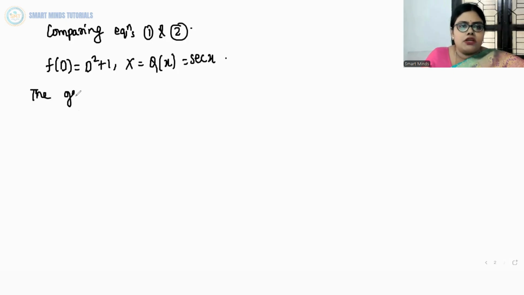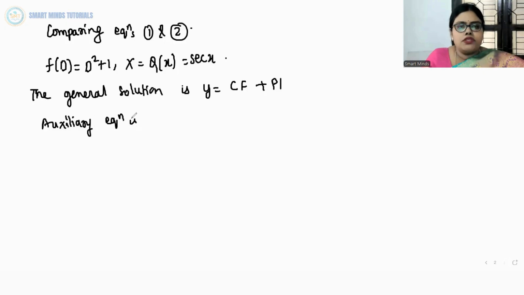So what is the general solution now? How do you find out the general solution? The general solution is y is equal to complementary function plus particular integral. Now let us find the auxiliary equation. What is the auxiliary equation? The auxiliary equation is f(m) is equal to 0.